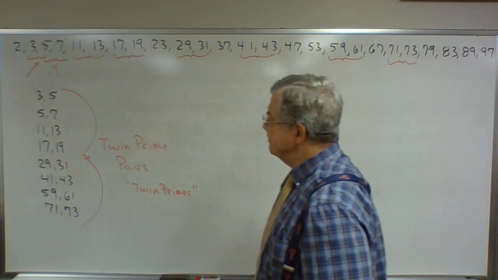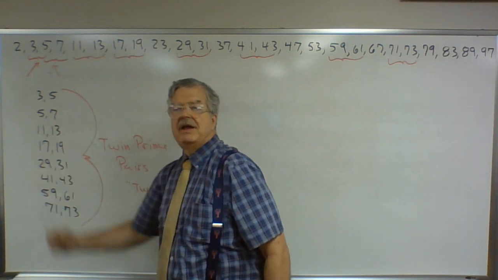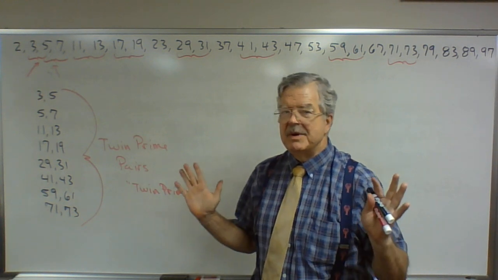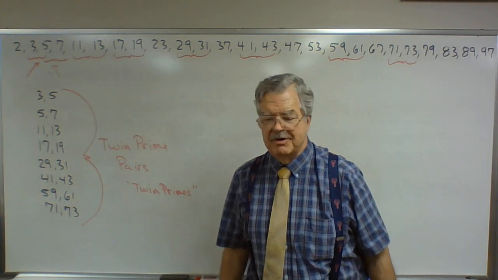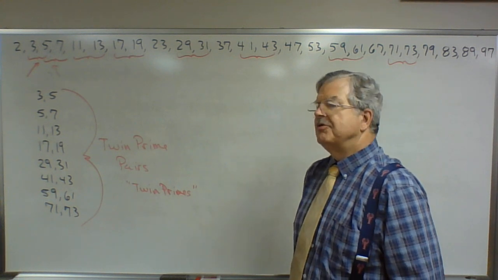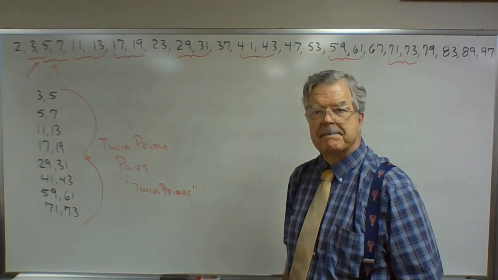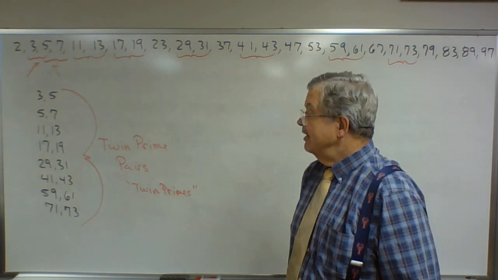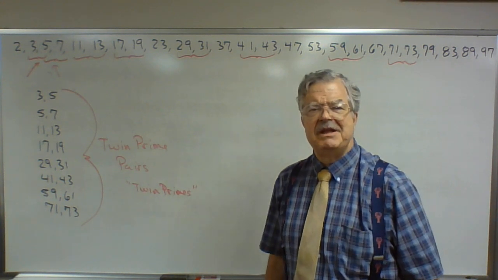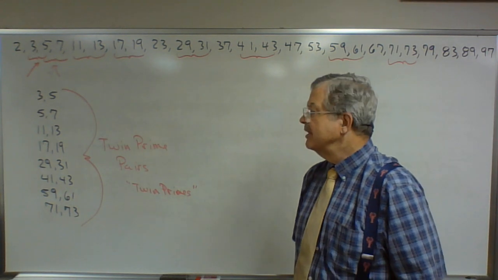Now, for short, number theorists will refer to a twin prime pair as being twin primes. And when they say twin primes, everybody knows what they're talking about. Two consecutive odd numbers, both of which are prime. And there are 8 of these pairs between 1 and 100.